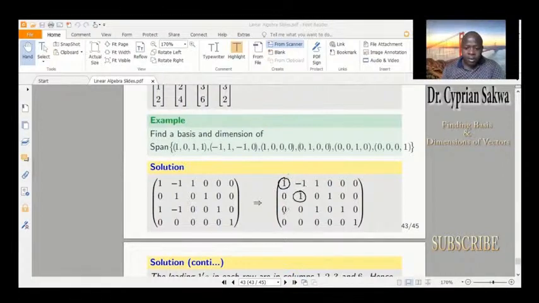I have a leading one in the first column, the second column, the third column, and then the other leading one is in the 6th column. So the original vectors in column 1, column 2, column 3, and column 6 form the basis.